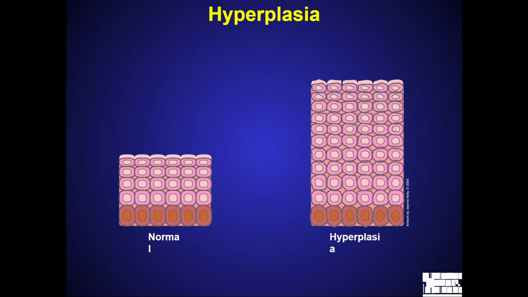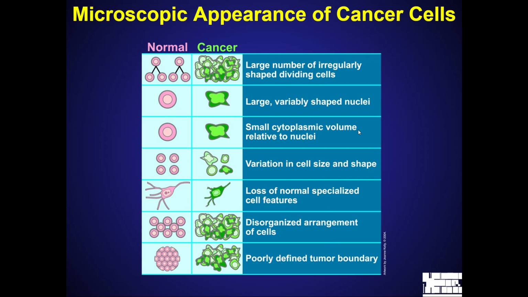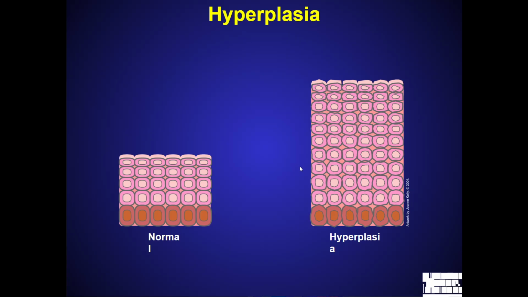Now there are these two things called hyperplasia and dysplasia. Hyperplasia is when there's extra cell growth. There are extra cells being produced, but it's not that the cells aren't normal, it's just that there are excess cells. This doesn't necessarily indicate cancer, because I know the last slide says a large number of cells, but these cells aren't irregularly shaped.